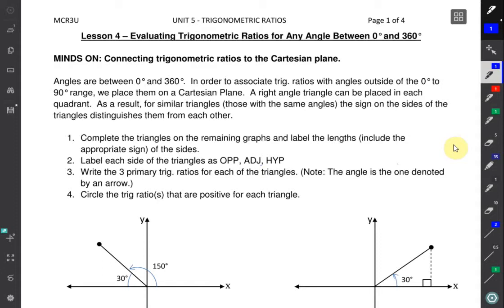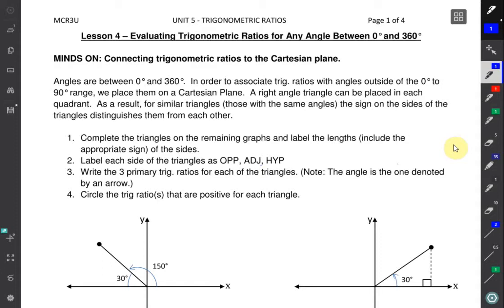First of all, just to talk about the system for a moment, it uses the Cartesian plane, and it's for angles between 0 and 360, and as I said, beyond that. In order to be able to associate trig ratios with angles outside of 0 degrees to 90, we put them on a Cartesian plane.